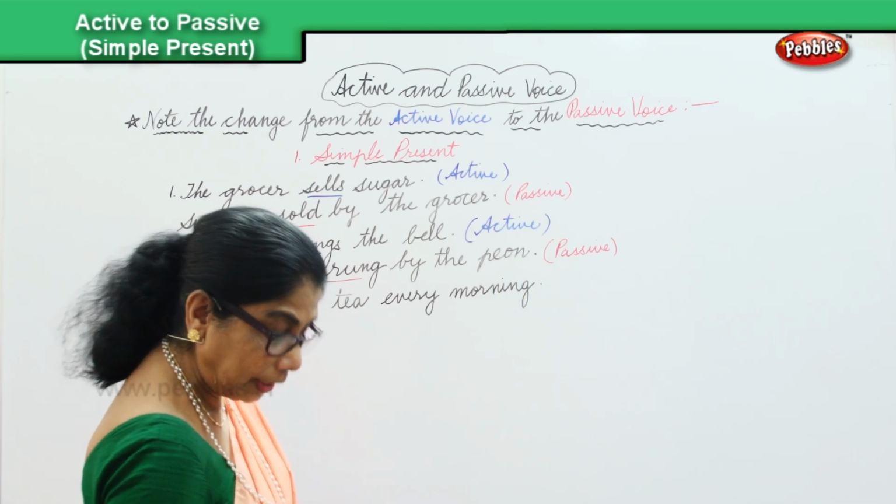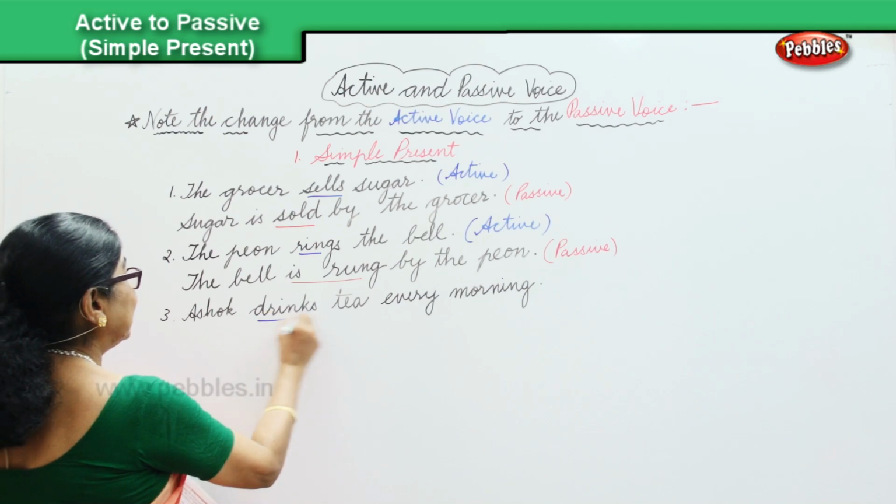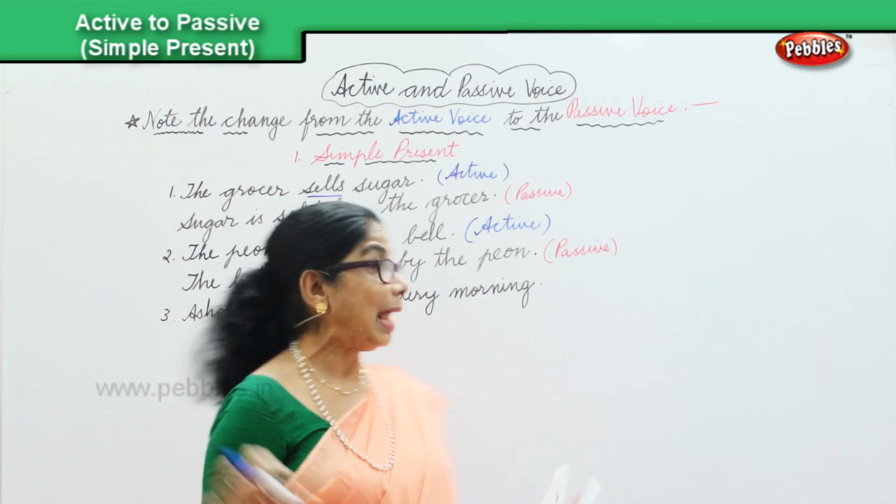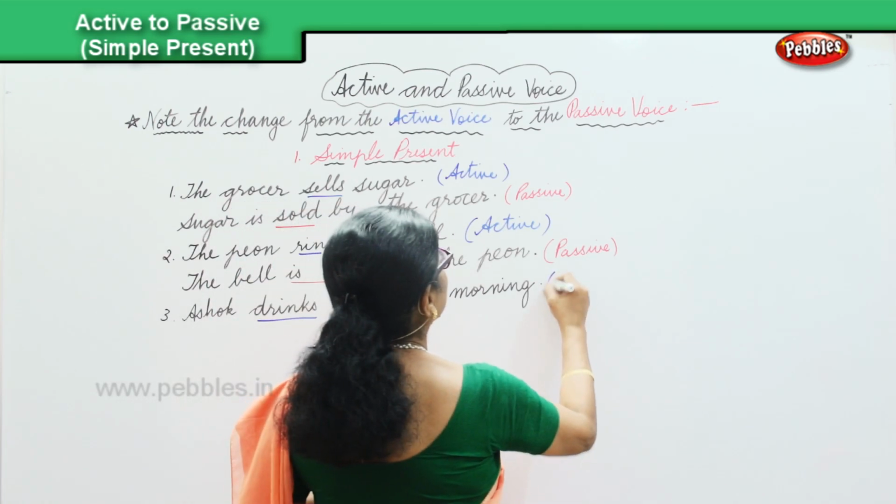Now, look at the verb drinks. Ashok drinks tea every morning. Active. He's doing some action here.